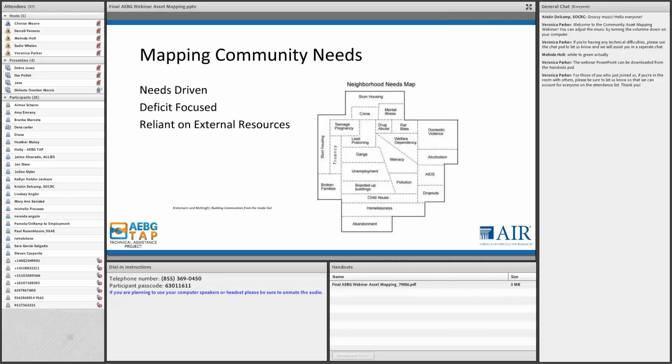And I know as great practitioners, that is not your intent. And so we think that through community asset mapping, there's another way to frame the information that you found in your needs assessment in a more positive approach. And that alternative is community asset mapping.